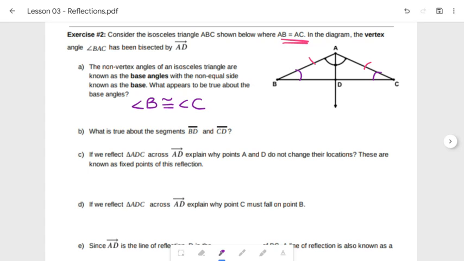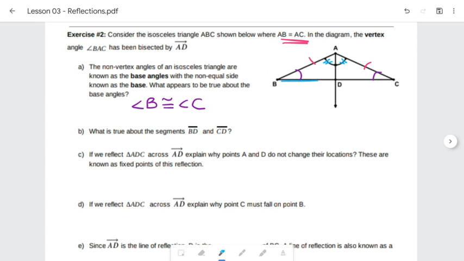Now, notice in this case, we have a congruent angle over here, because that's been bisected, so those 2 are going to be equal. We have the congruent angles B and C, and we also have AB congruent to AC. We're having a lot of parts that are lining up to one another.